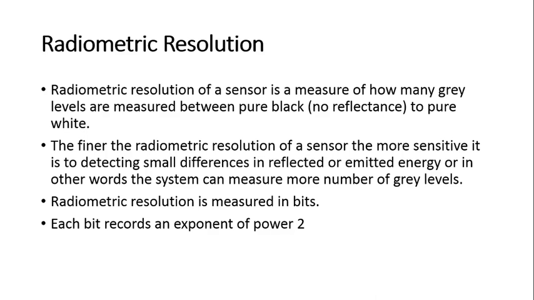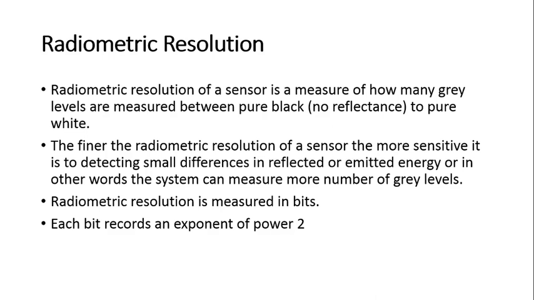Okay, total opposite of no reflectance. In other words, I can say that radiometric resolution represents the sensitivity of the sensor to the magnitude of the electromagnetic energy. Okay, a simple proper definition. It represents the sensitivity of the sensor to the magnitude of electromagnetic energy.